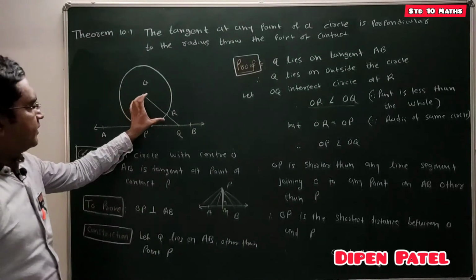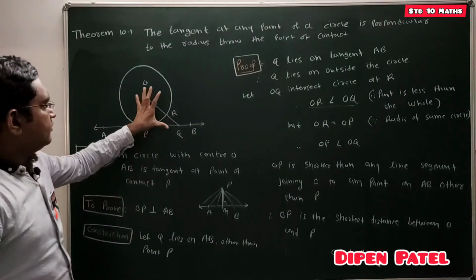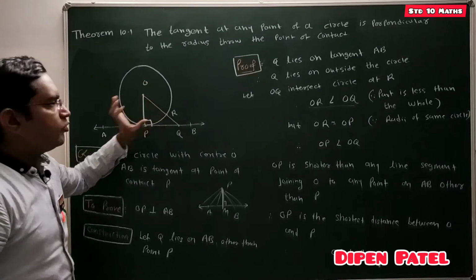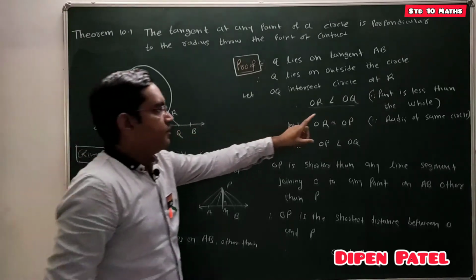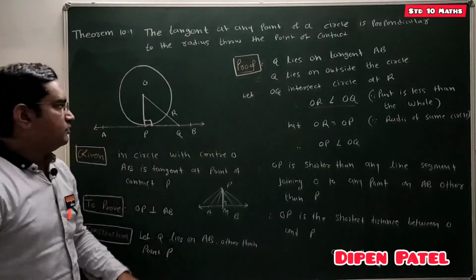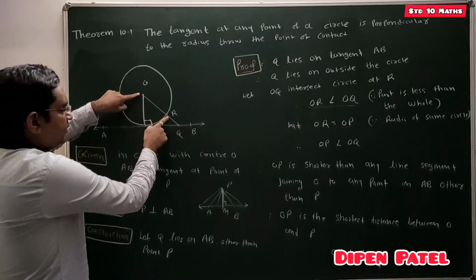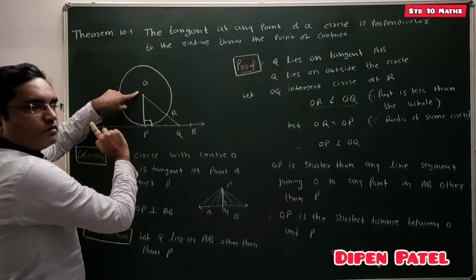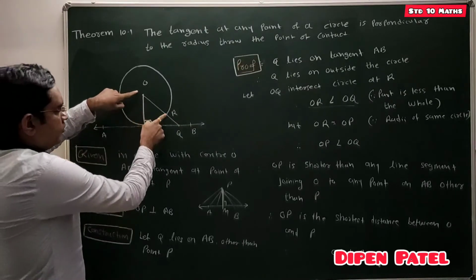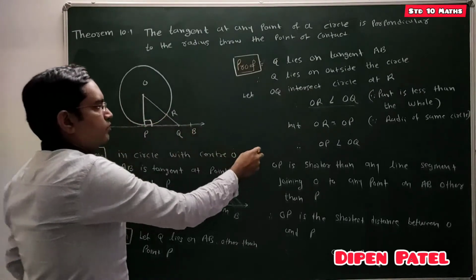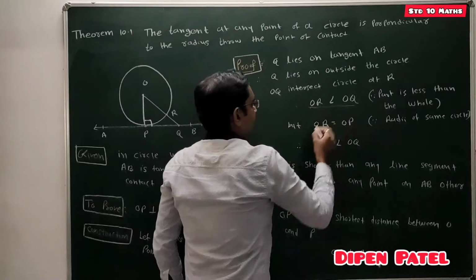Or we can say OR is less than OQ. Why? Because OR is the part of OQ. So part is always less than the whole. Whole is OQ and OR is its part. So here OR is less than OQ.